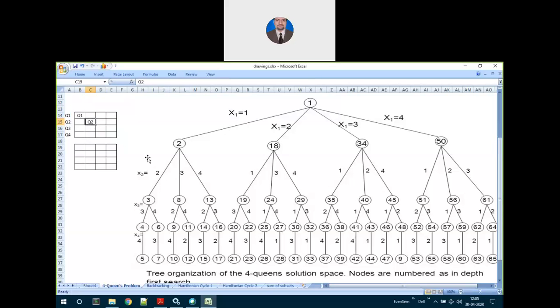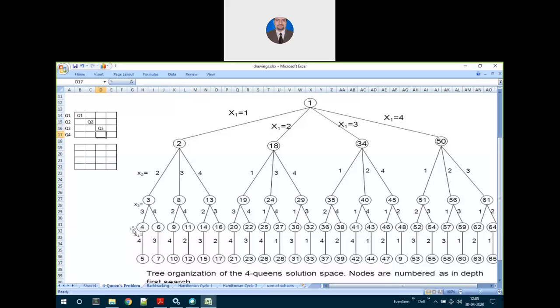Now let us try to understand the state space tree over here. What are the other possibilities I can have? From 3 to 4 I can have, and that is for x3. x3 means q3, and 3 means the third column, so I will be keeping it over here.